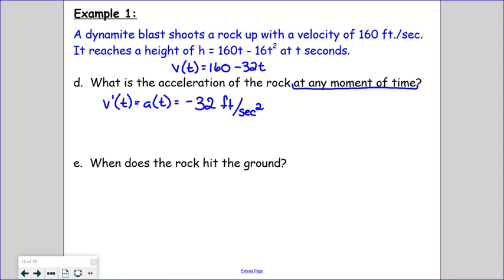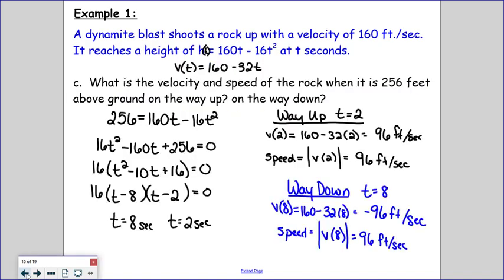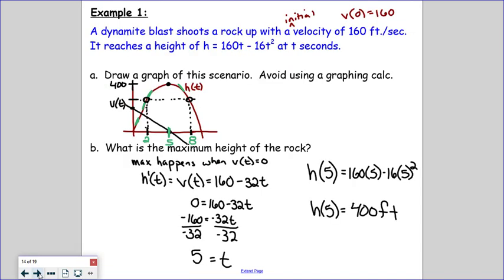Questions? When does the rock hit the ground? If we go back to when does the rock hit the ground, we are talking position again, right? We're going back to our position function, and I want to know when it hits the ground. Well, this is when it hits our x-axis, at 0, and it comes from the fact that we set it equal to 0.